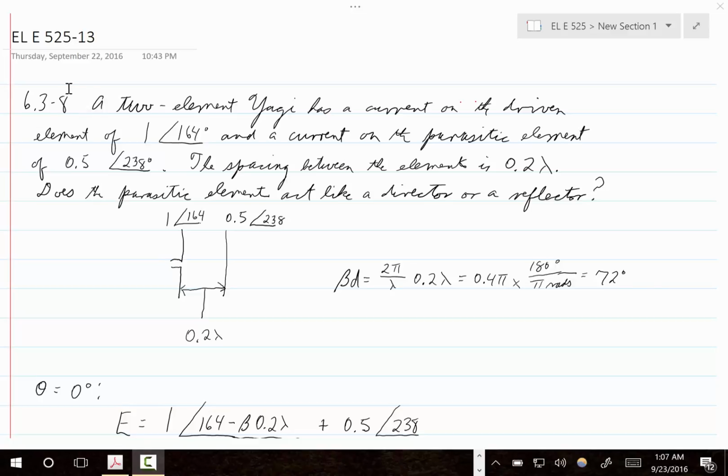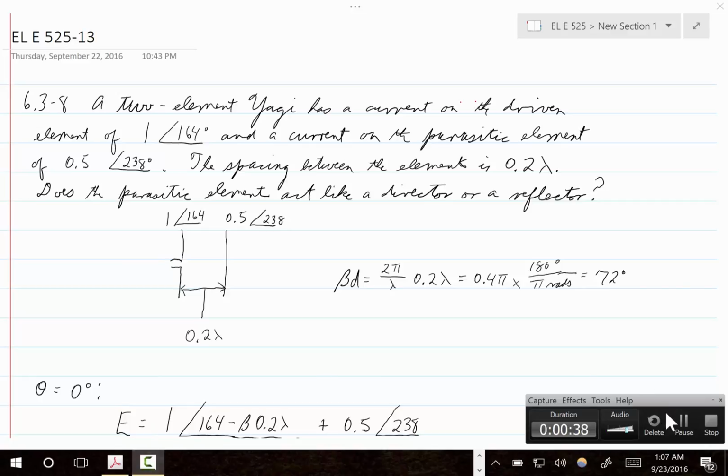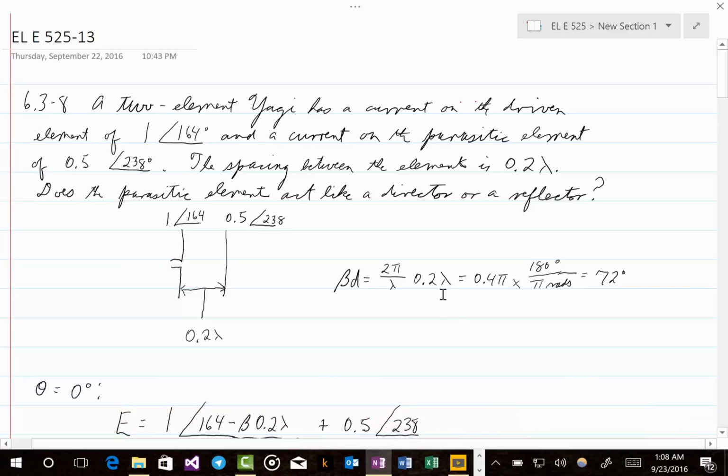So the last problem that we want to look at in this lecture for the Yagi Uda antenna arrays is problem 6.3-8, which reads as follows.